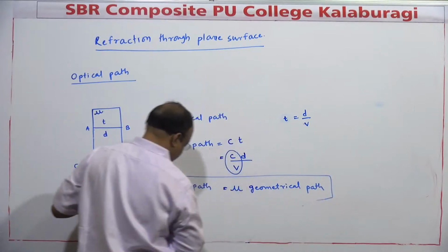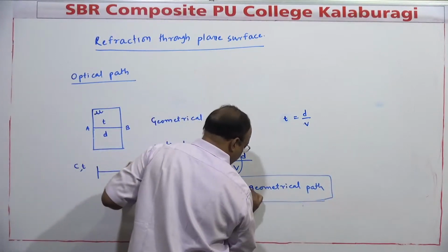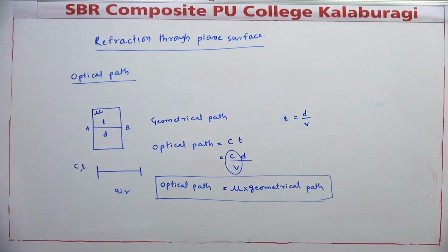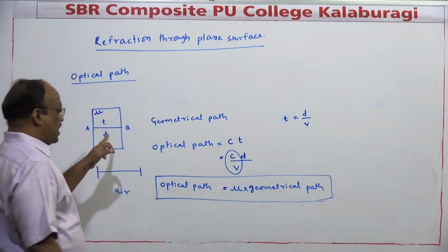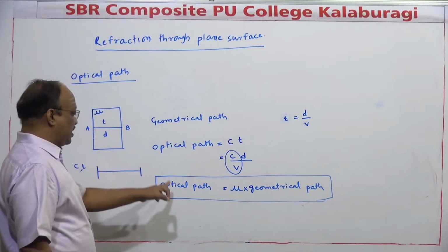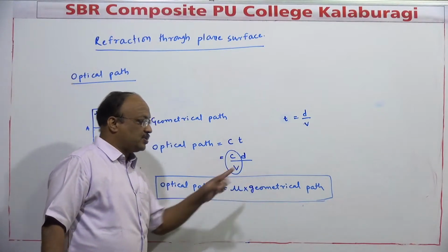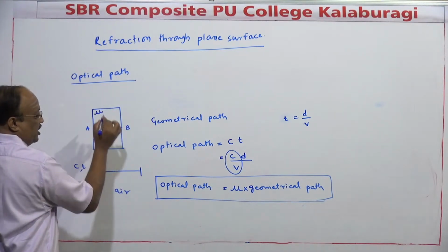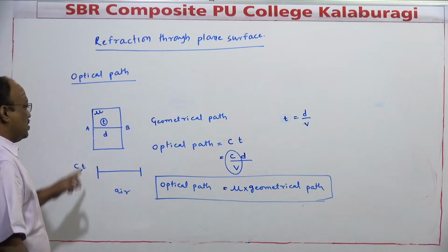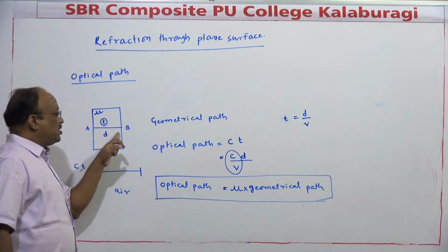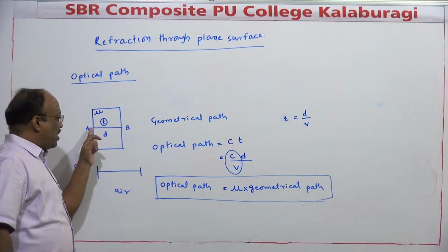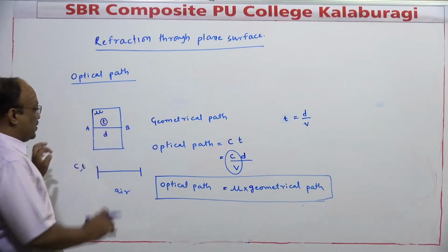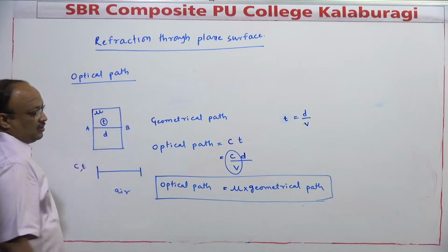Optical path is mu times the geometrical path. What exactly is it? Optical path is equal to mu times the geometrical path for the same time duration t. So if a wave is traveling in a medium of refractive index mu, that we say is the geometrical path.